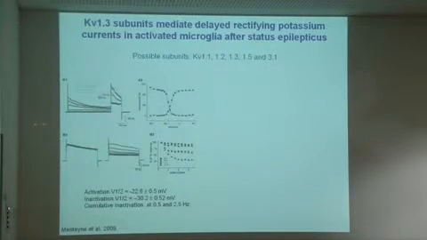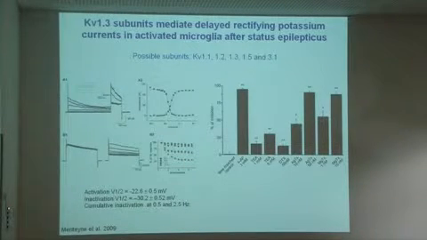We also looked at the way those currents inactivate upon repetitive activation, and you see that when you start to stimulate those cells at higher frequency with depolarizing pulses, you have an inactivation of the current. You see here also that at steady-state depolarization, the outward current inactivates.